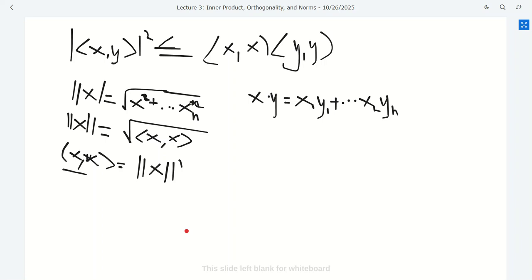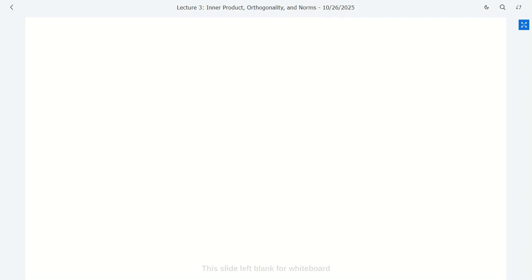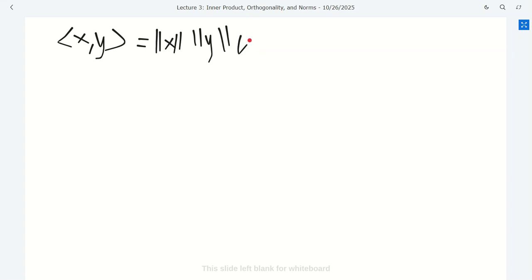So what we have is this definition, let me go to another slide, where we have x comma y, the inner product, which is equal to this. This is what we saw last week. Then we also have our cos. So we are going to square both sides.